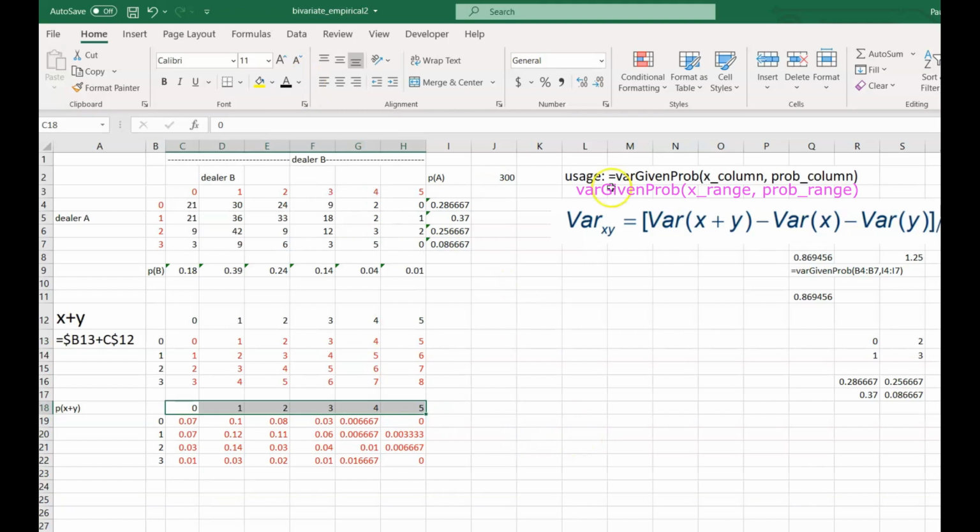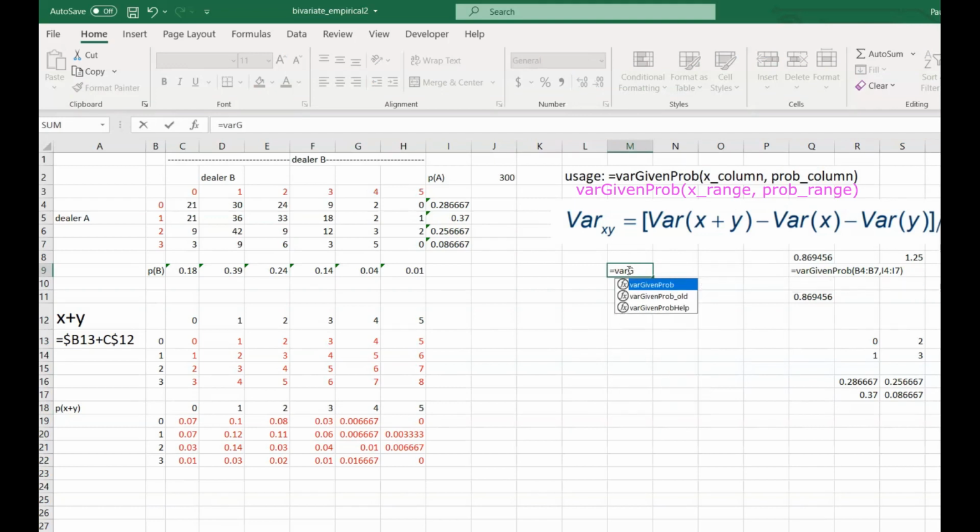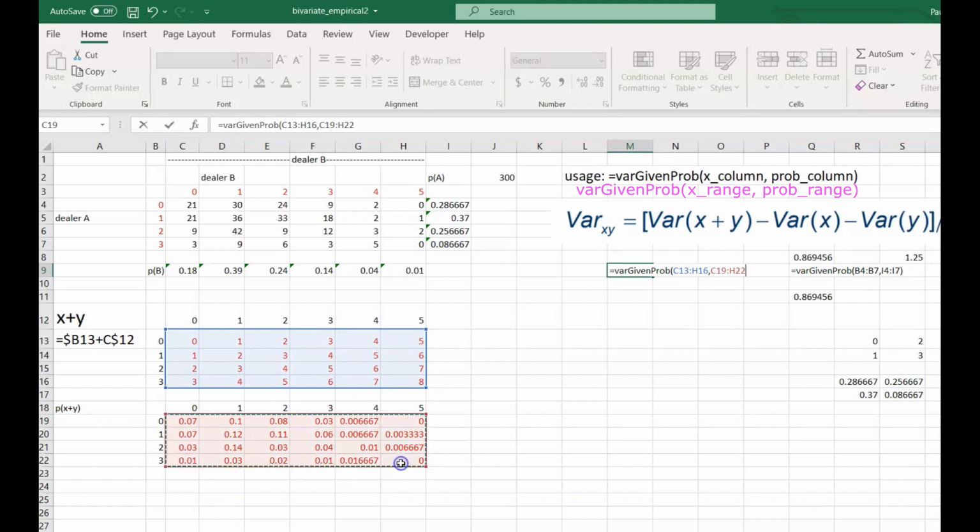Now we can easily apply the formula, remember? So this is X range, probability range. I'm going to change these two names to X range, probability range. So this is equals VAR given probability. So this is X range, comma, and this is the corresponding probability range.